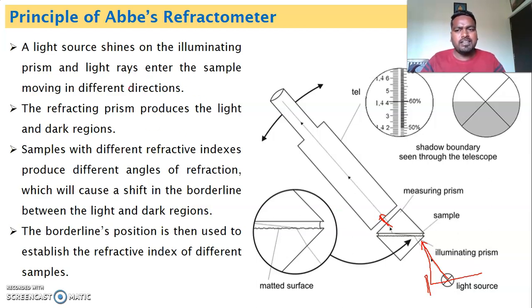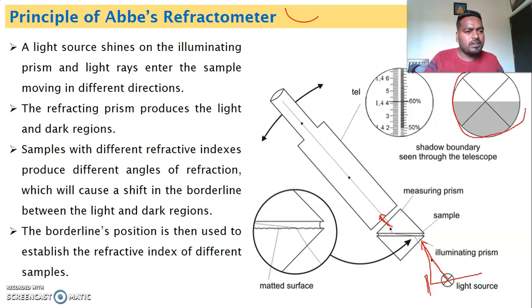The light rays entering the sample move in different directions. If it is a different sample, obviously the rays move in a different direction due to a different angle of refraction, and the refracting prism produces a light and dark region like this. If you observe through the telescope, you can see that the prism produces light and dark regions.